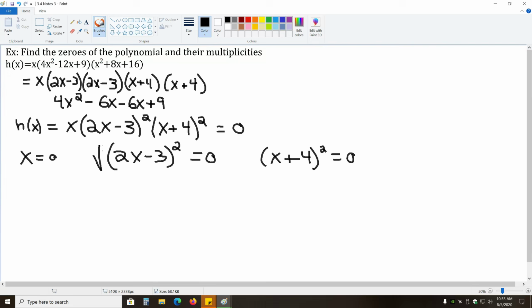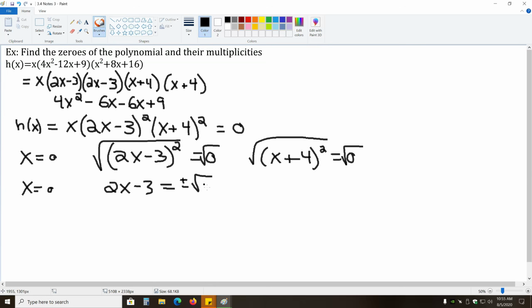We'll take the square root of each side in the second and third cases, which gives us x equals 0, 2x minus 3 equals plus or minus the square root of 0, and x plus 4 equals plus or minus the square root of 0.